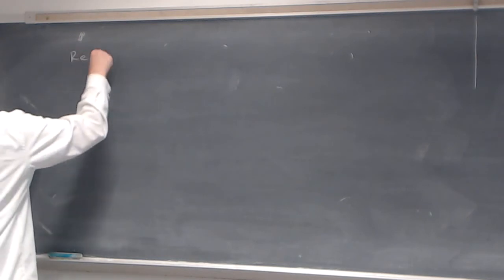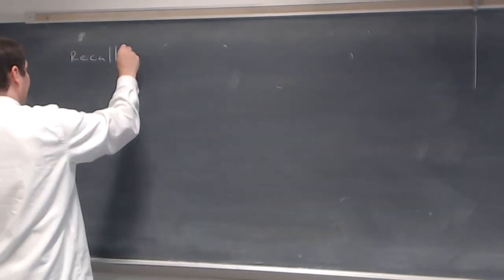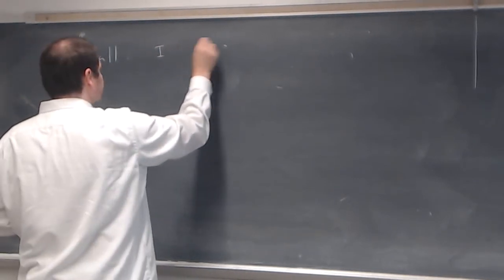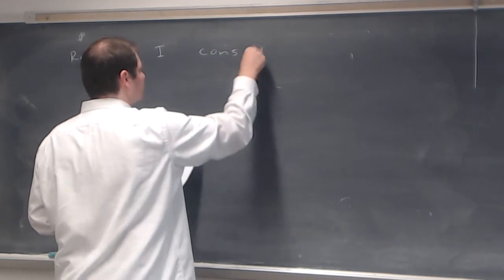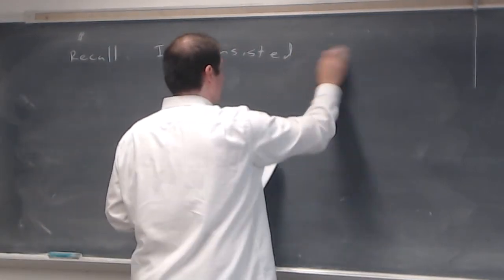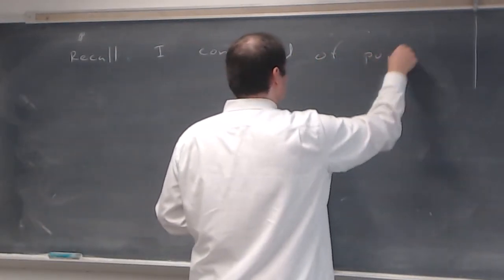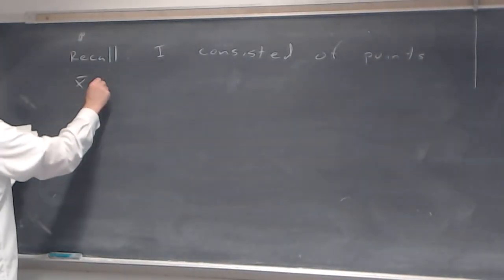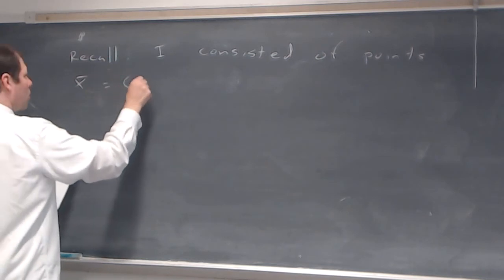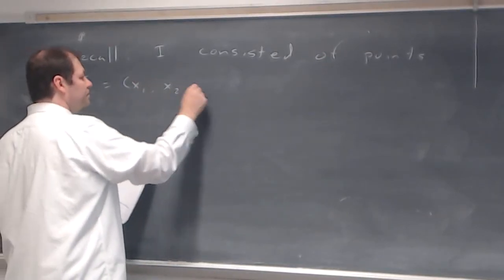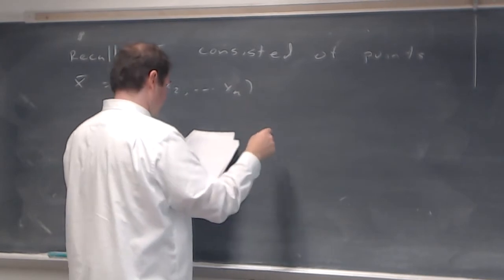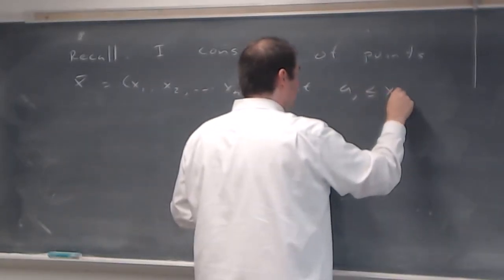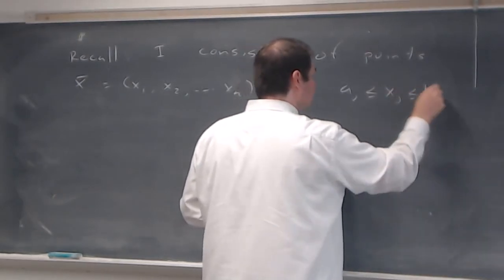And so, first of all, let's recall that I itself consisted of points x equaling x1, x2, up to xk, such that a sub j is less than or equal to x sub j is less than or equal to some b sub j.